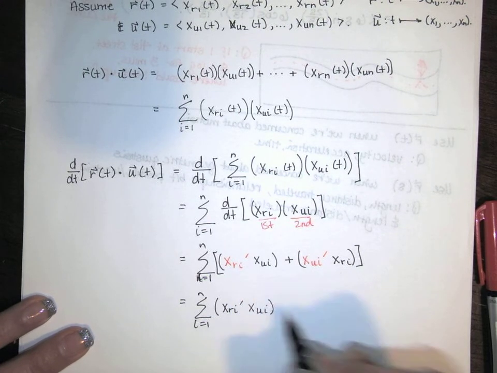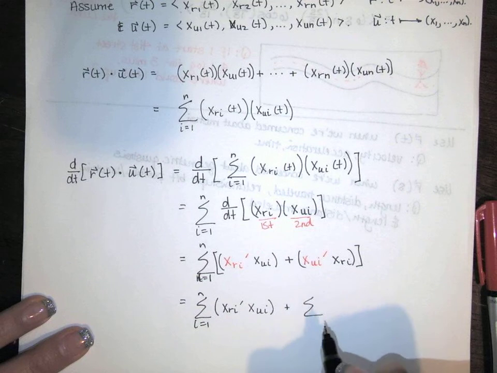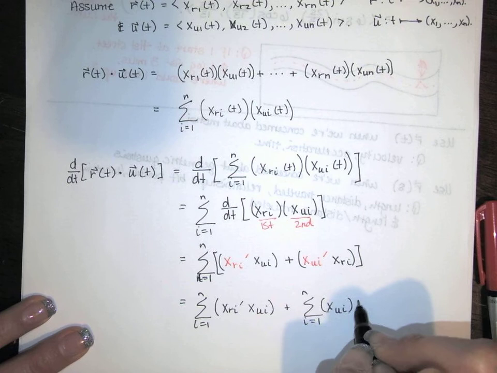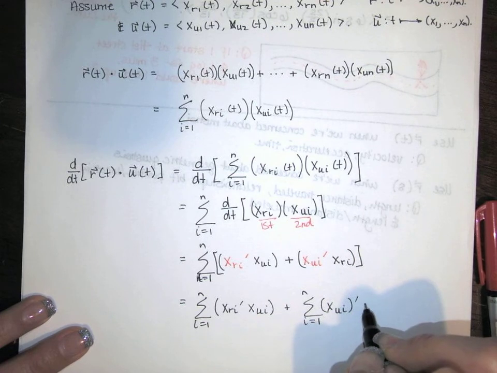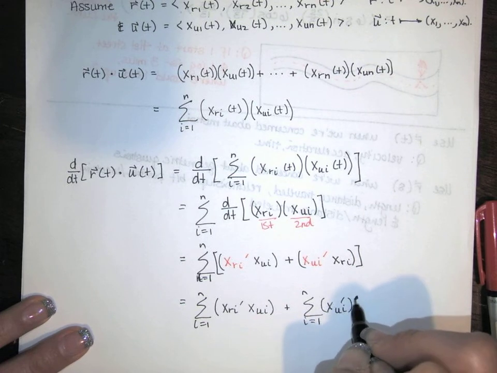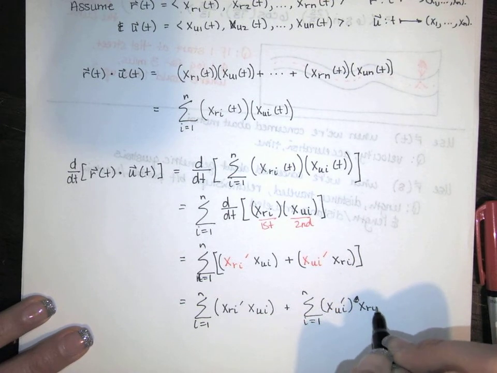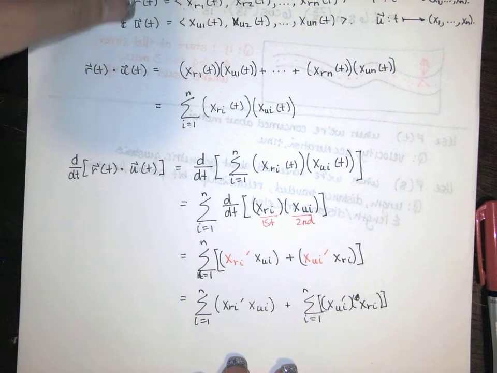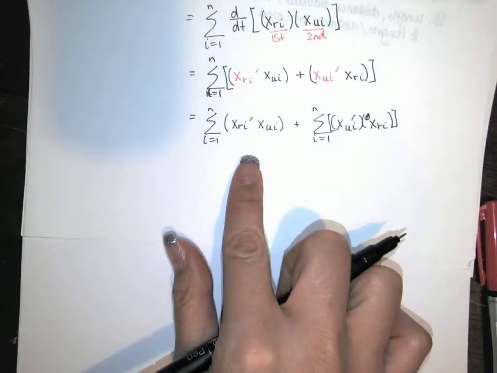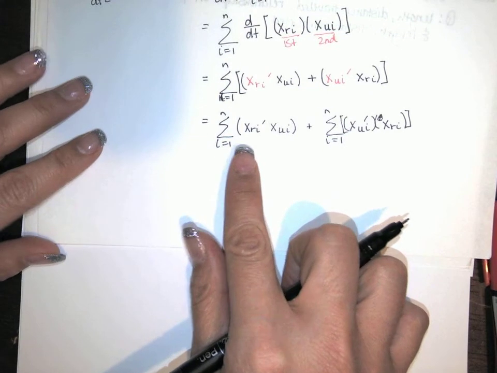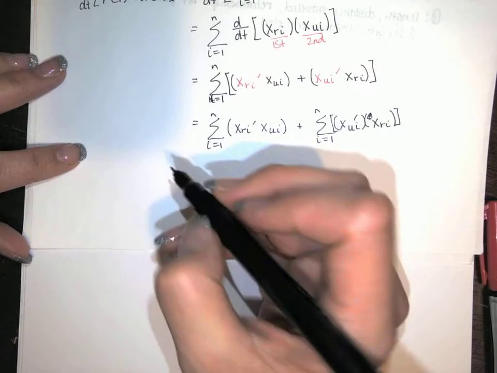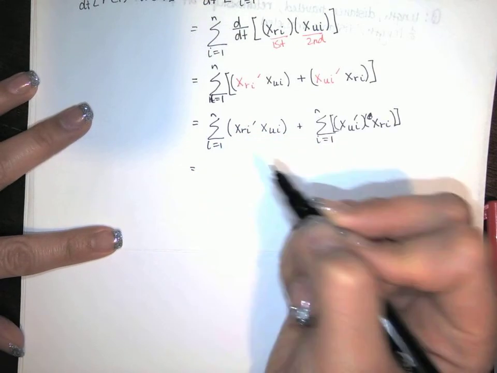So we've got this over here and this over here. Oops, that's a derivative there, x sub r sub i, multiplying both of those and you're taking the sum. Okay. Now I claim that this is a dot product of a derivative with one of our vectors. Let's check it out.